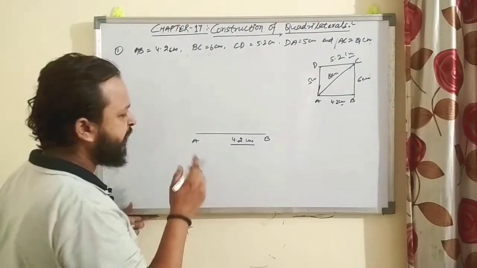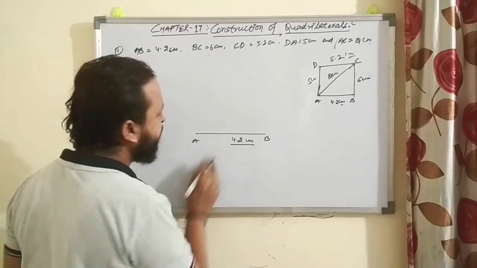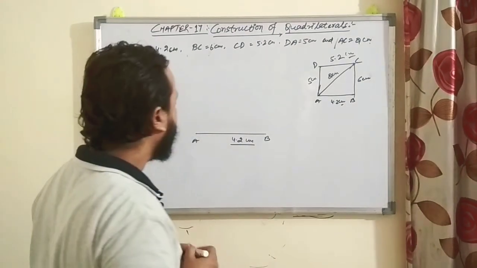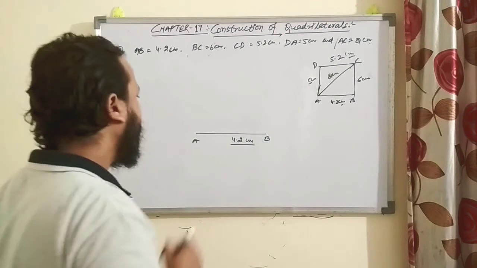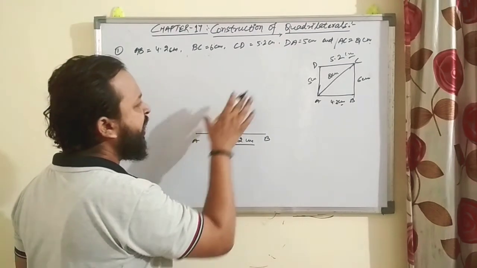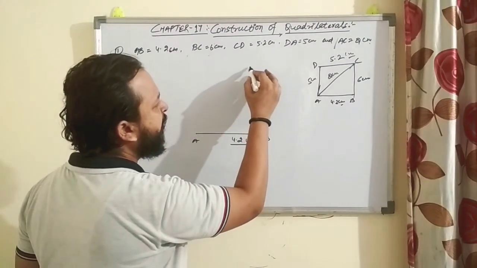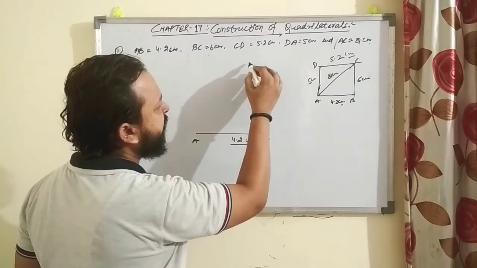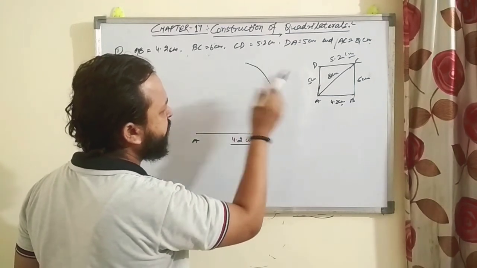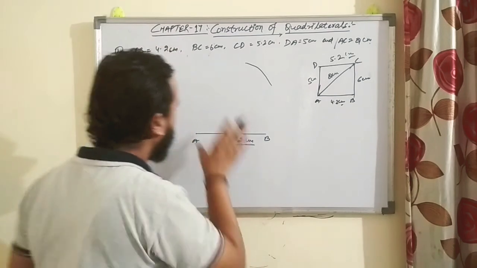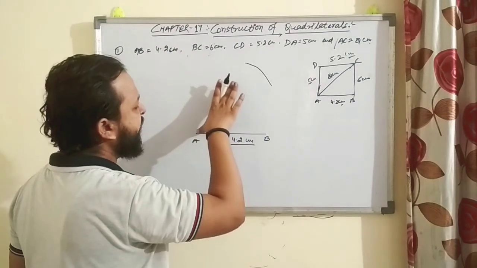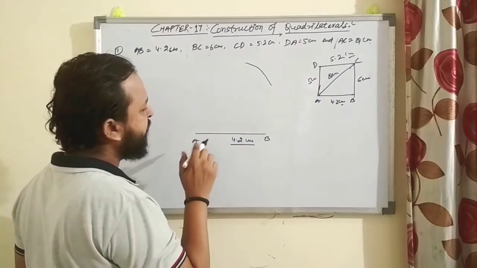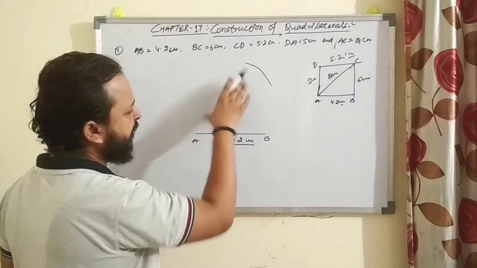Take A as a center and draw an arc just above the B. So we draw an arc.